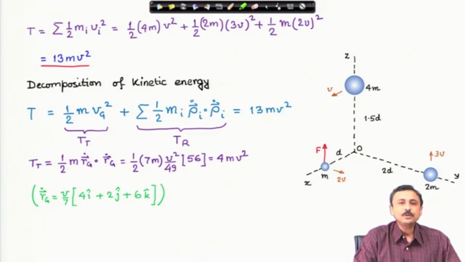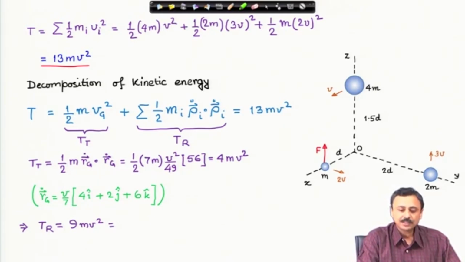The kinetic energy because of the motion of particles about the center of mass can be found by subtracting. The translational kinetic energy turns out to be 4 m v squared, and the total kinetic energy is 13 m v squared. Therefore, the difference is 9 m v squared, which must be the kinetic energy due to the motion of the particles about the center of mass.